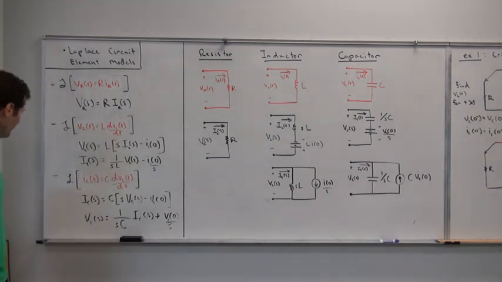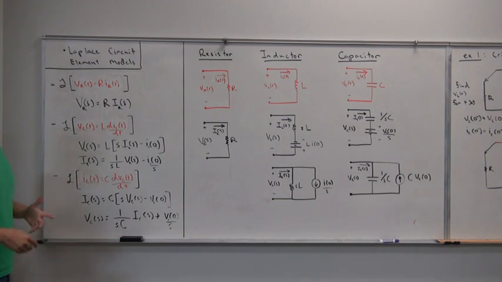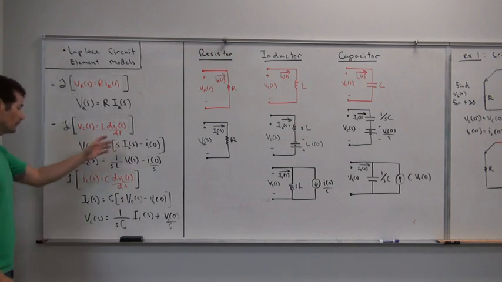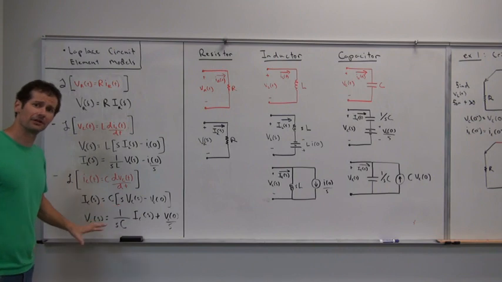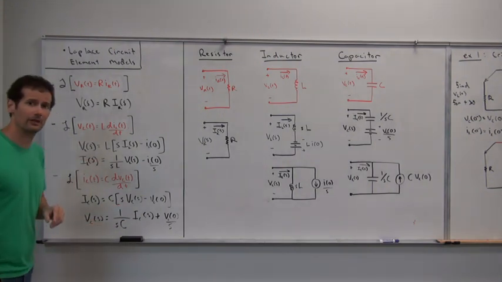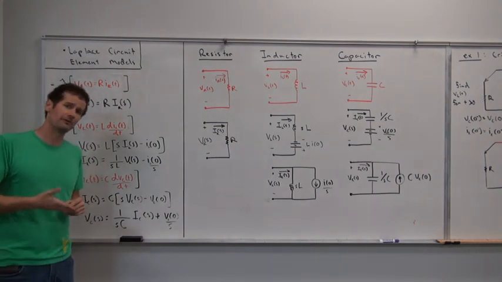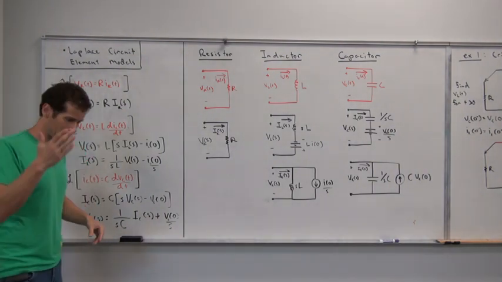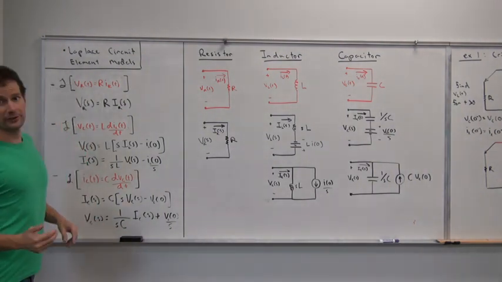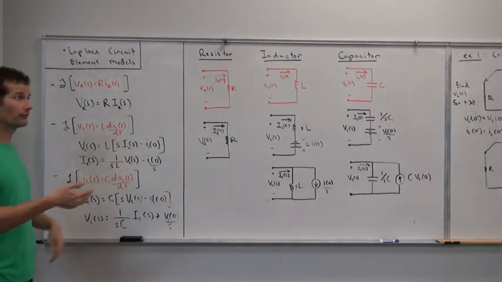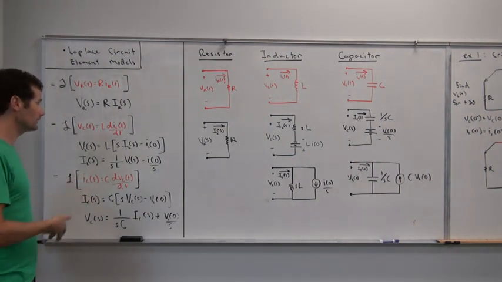Sure enough, we have KVL and KCL equations that we can go through and redraw a schematic model based off the initial conditions we are given in the Laplace transformation. We have to utilize them because they tell us so much about what was going on with the circuit before the event occurred, whether a switch was opening or closing, or we just turned on a source, removed a source, or put another one in.